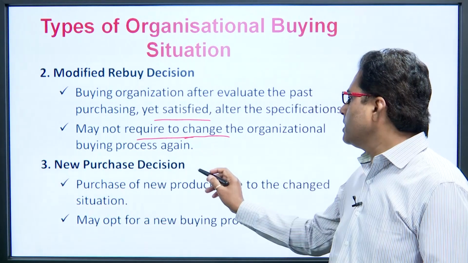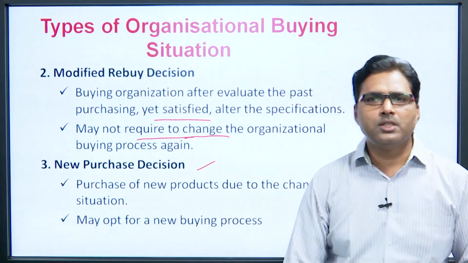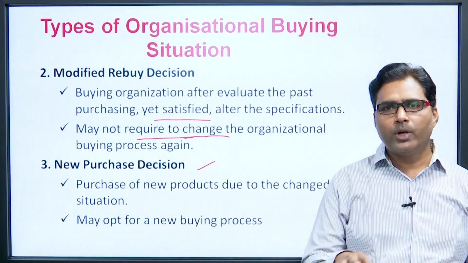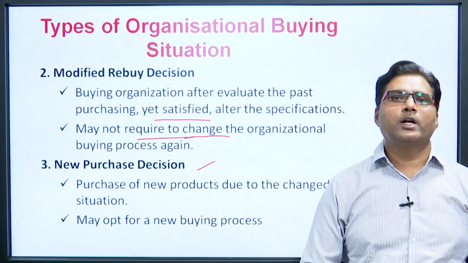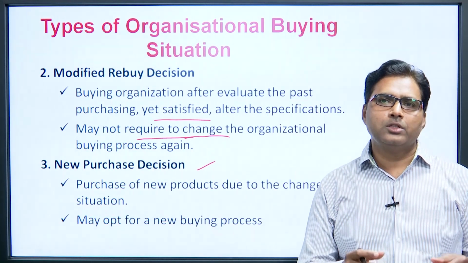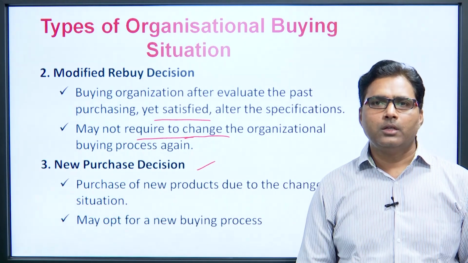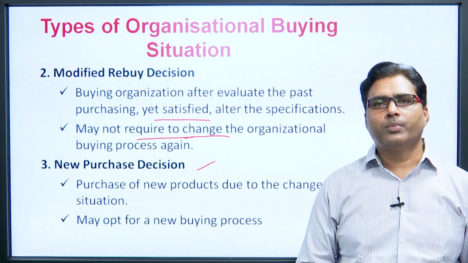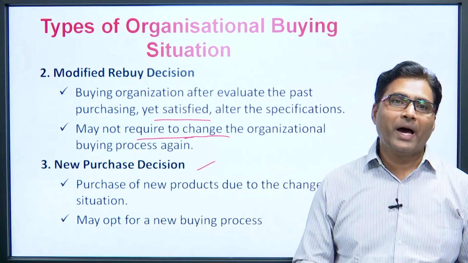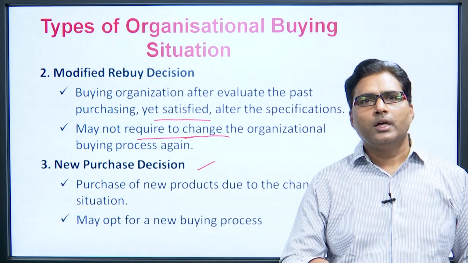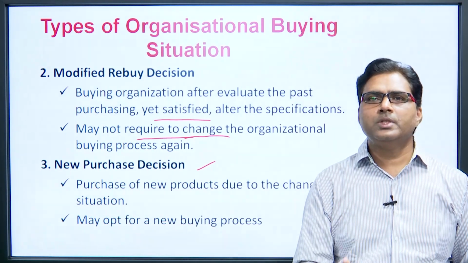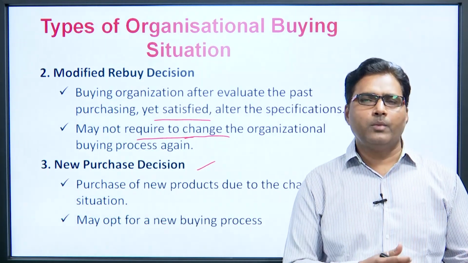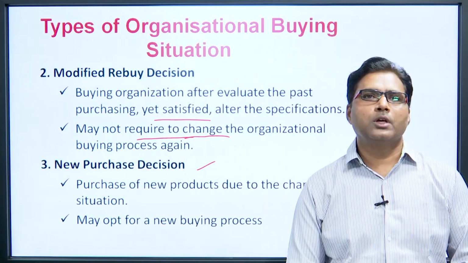And third is the new purchase decisions. New purchase decisions are when the company is entirely new, or the company is going to buy raw material that is going to be used in a new kind of product, or they may be manufacturing some new goods that offer new kinds of quality or prices. At that time the buyers may go for entirely new kinds of decisions, meaning they require goods or services that in the past they may not have been using or ordering.